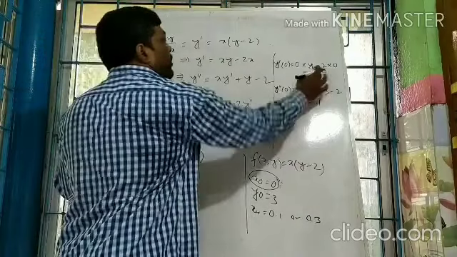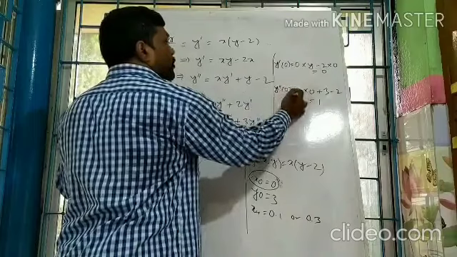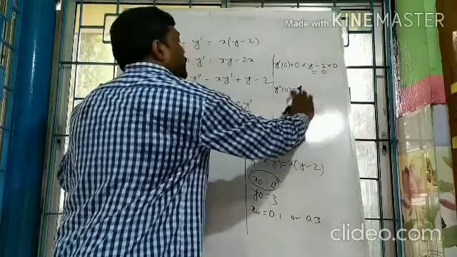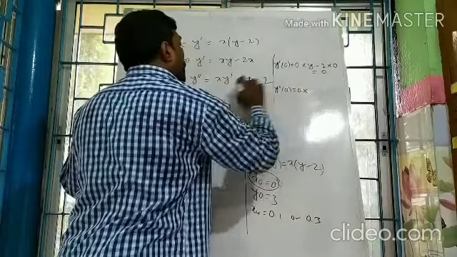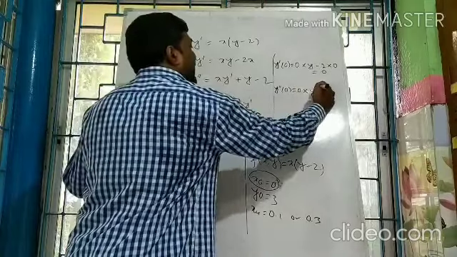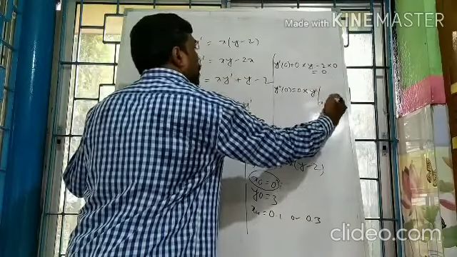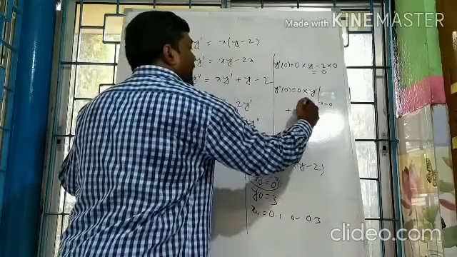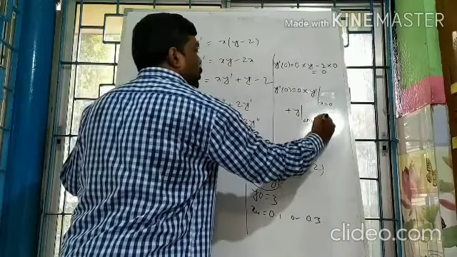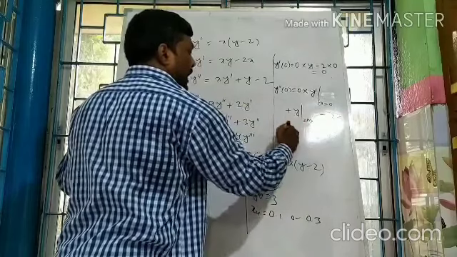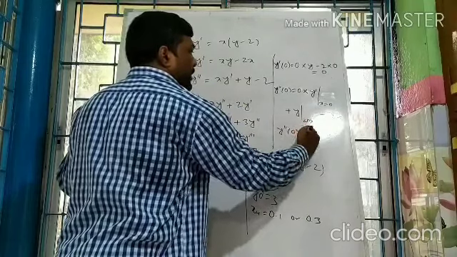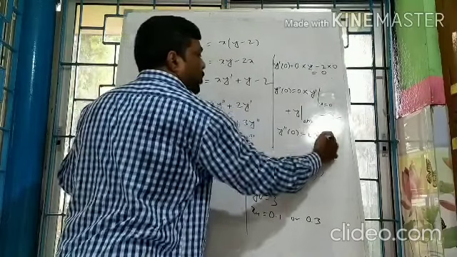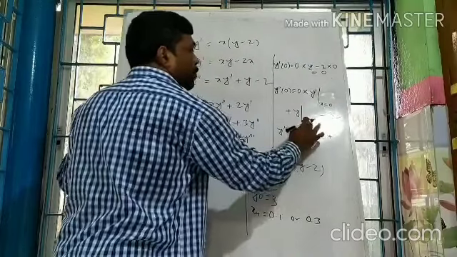y'(0) is 0 when x equals 0, into y''(0). So y''(0) equals 0 into y' at x equals 0, which is 0, plus at x equals 0, what is y?